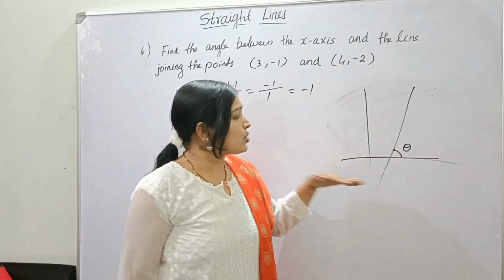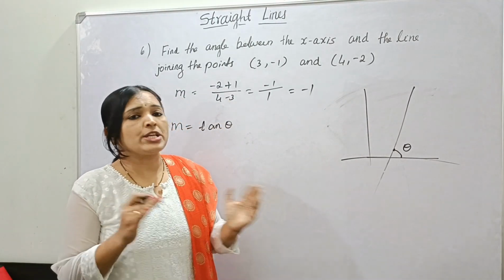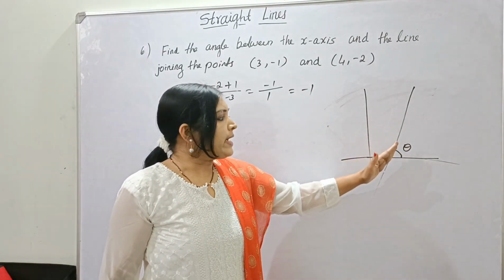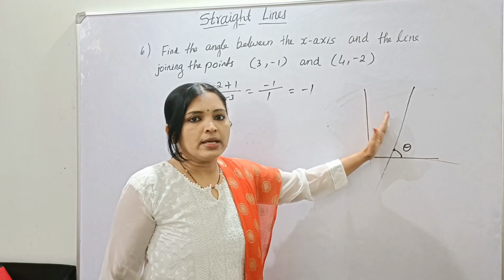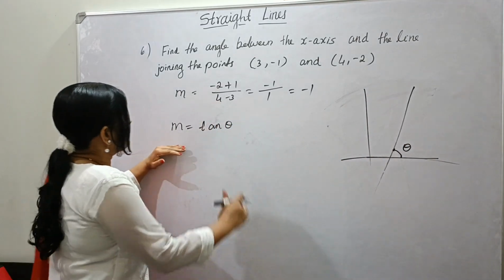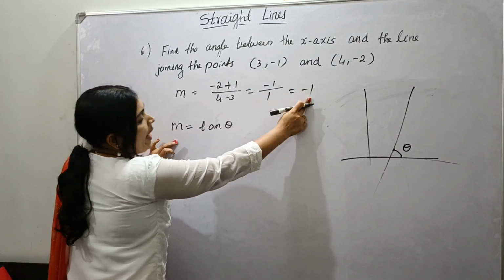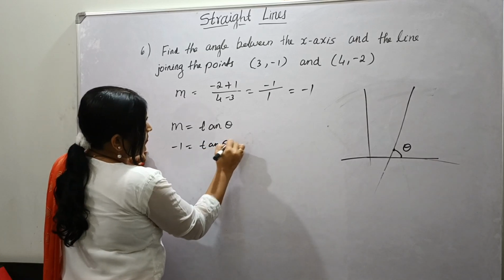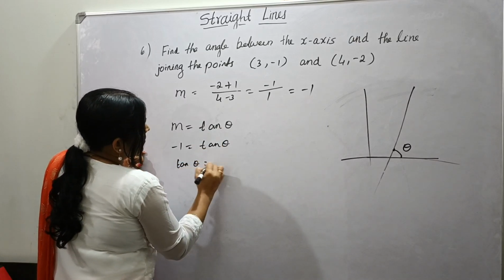You should be aware of this relationship between inclination and slope: if theta is the inclination of the line, then tan theta is the slope of the line. So here, the slope of the line, that is minus 1, is equal to tan theta. Tan theta is equal to minus 1.